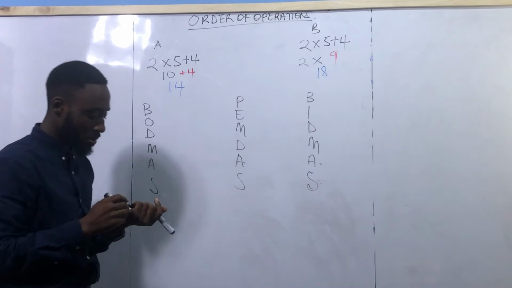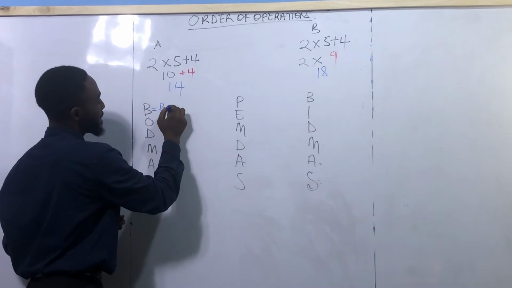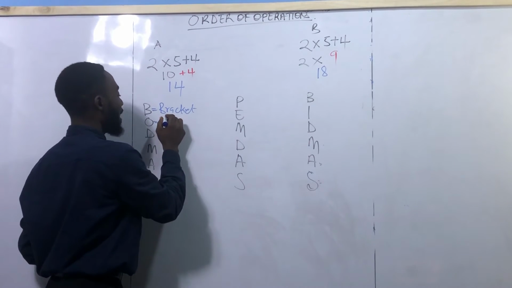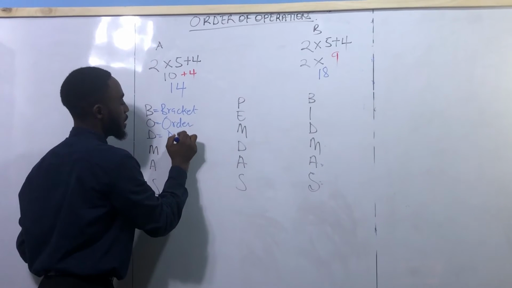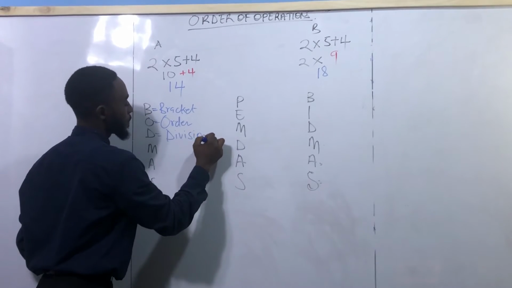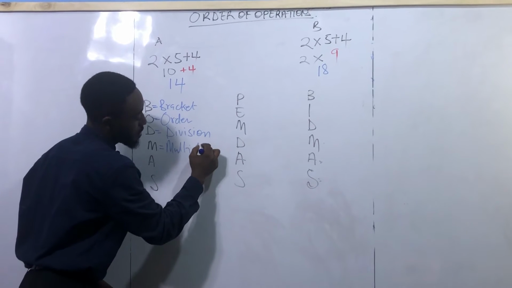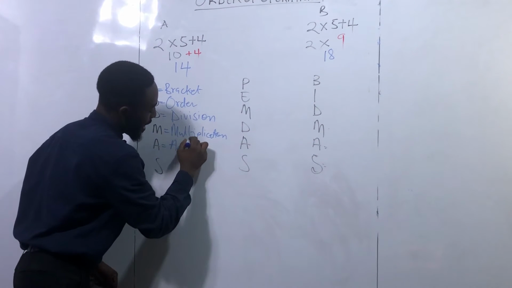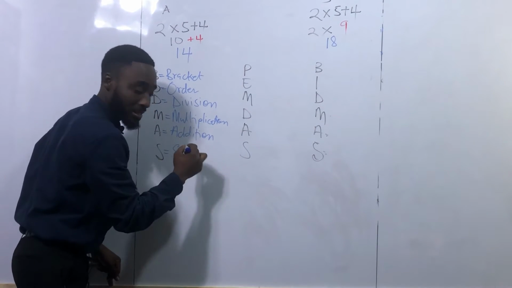Right, what does each and every one of these mean? This is brackets, order, division, multiplication, addition, and then subtraction.